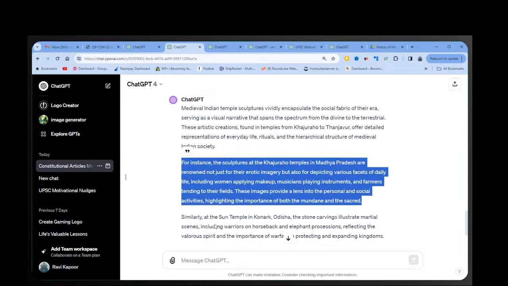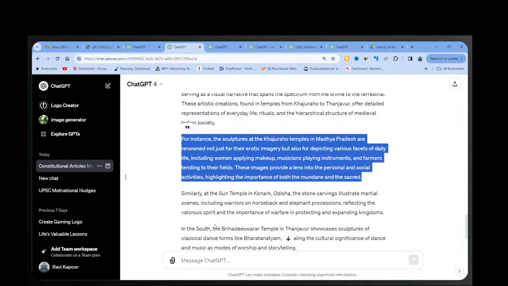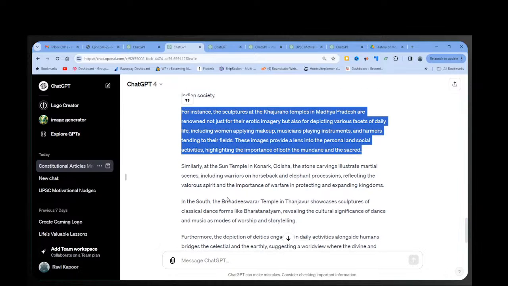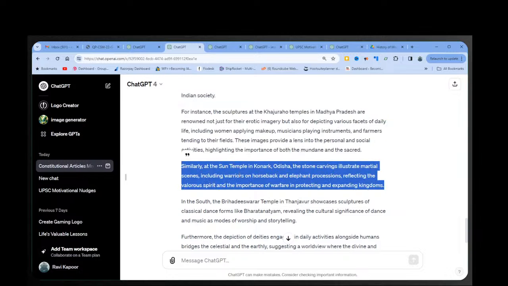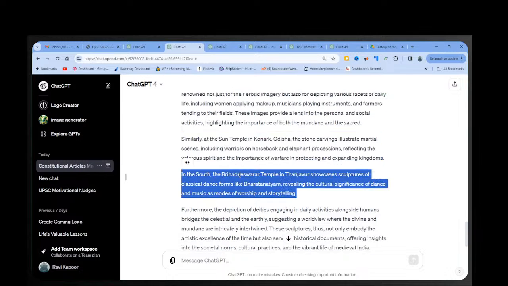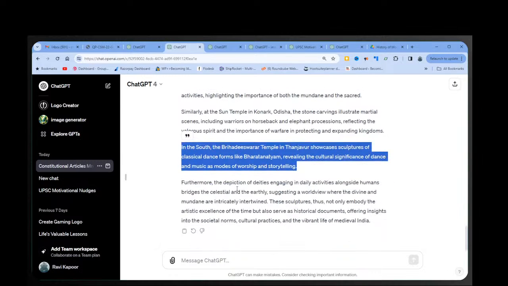For instance, the sculptures at the Khajuraho temples in Madhya Pradesh are renowned not just for their erotic imagery but also for depicting various facets of daily life, including women applying makeup, musicians playing instruments, and farmers tending to their fields. These images provide a lens into the personal and social activities, highlighting the importance of both the mundane and the sacred. Similarly, in the Sun Temple of Konark, in the south, the Brihadishwara Temple of Tanjore.